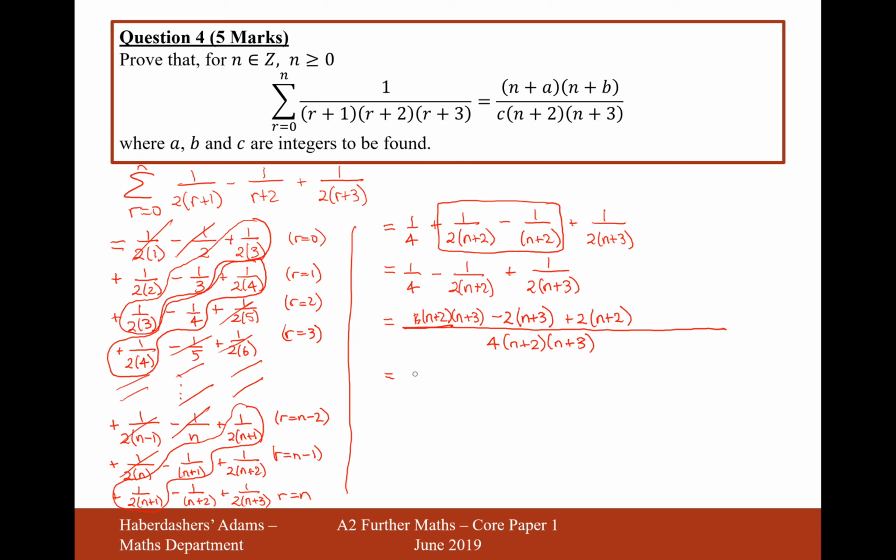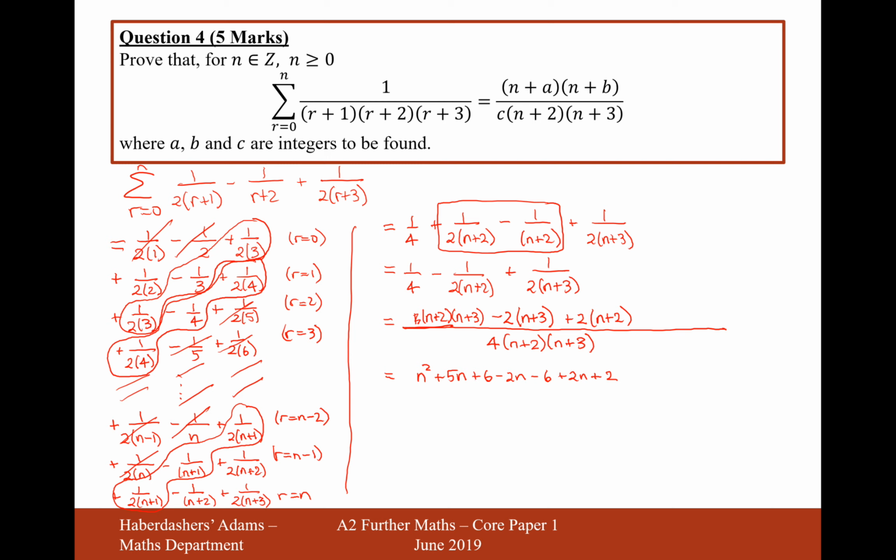Right, let's expand all of this and simplify. So n squared plus 5n plus 6, minus 2n minus 6, and then it's plus 2n plus 2. So what can we simplify here?